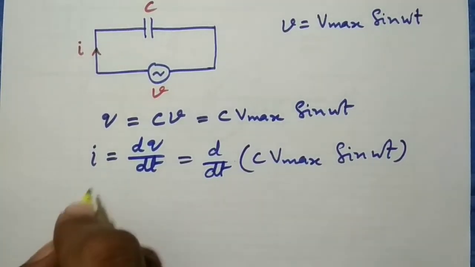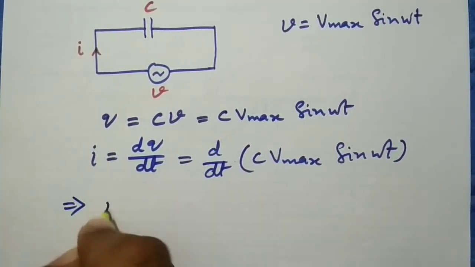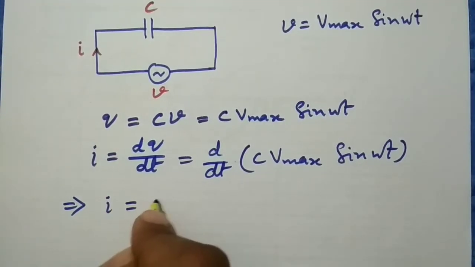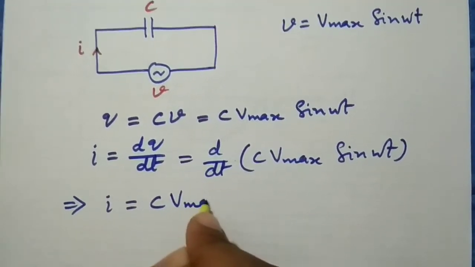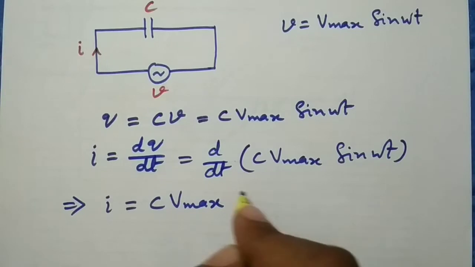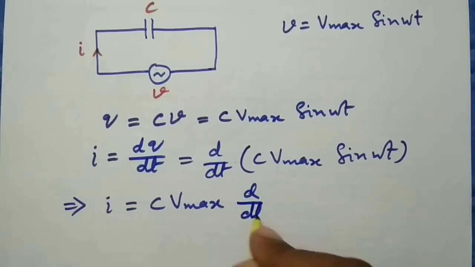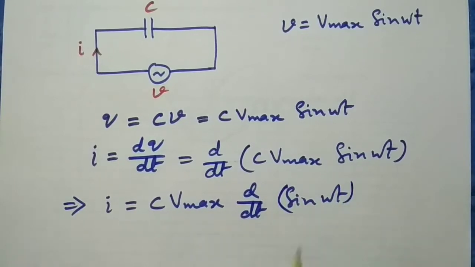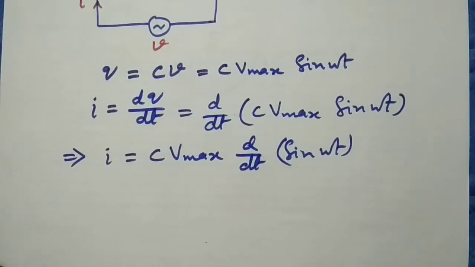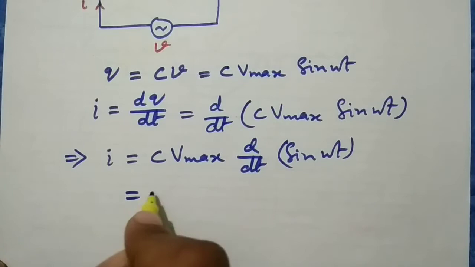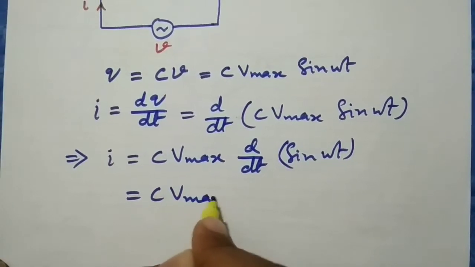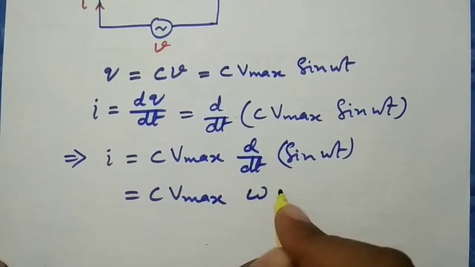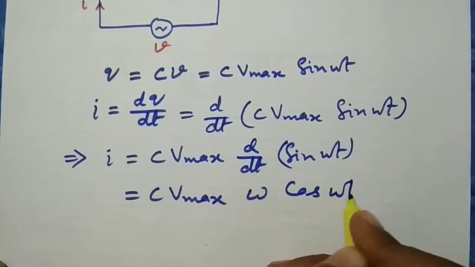Now if we simplify this, the value of I will be C V max d upon dt of sin omega t, and now it will be C V max omega into cos omega t.